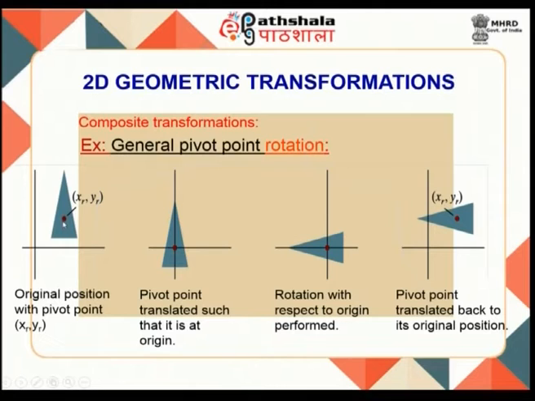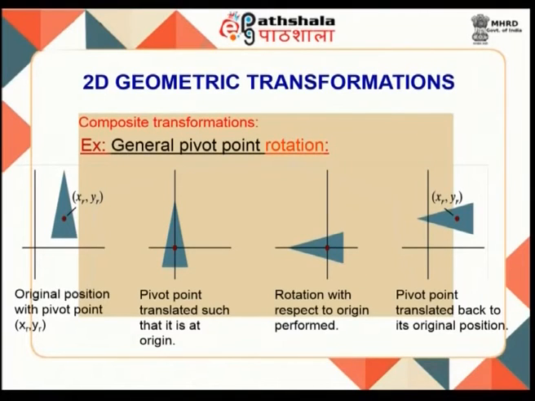For this, we first translate the pivot point so that it coincides with the origin. So, the first step is a translation step. We are physically moving the pivot point so that it coincides with the origin, and then we perform rotation with respect to the origin. Because we are aware that a rotation with respect to the origin has the standard matrix cos theta, minus sin theta, 0; sin theta, cos theta, 0; 0, 0, 1.